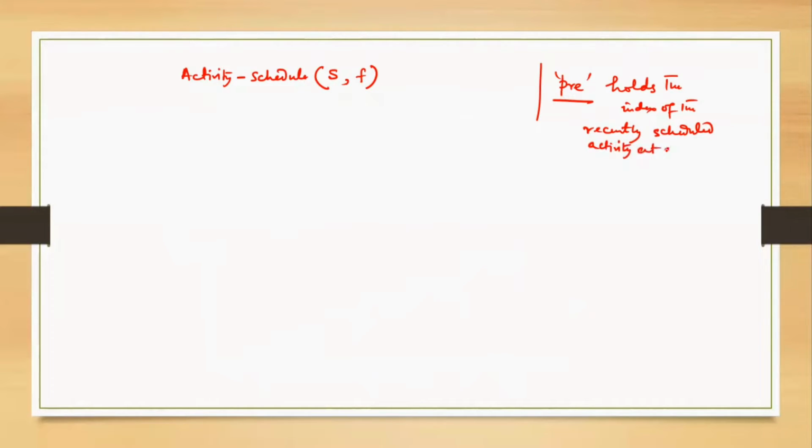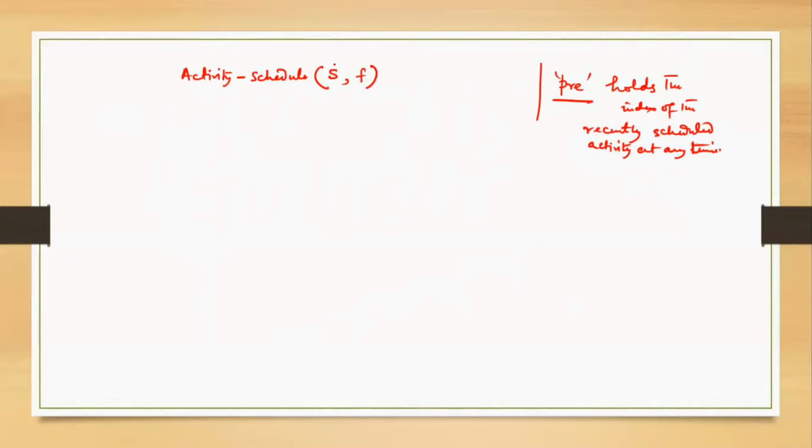It is very vital. The start and finishing time of the activities are denoted by S and F respectively. So these are the two parameters, one is the starting time, another one is the ending time. Somebody might say that it is small s, small f, whatever the name of the parameter, that is dependent upon the designer, not an issue.